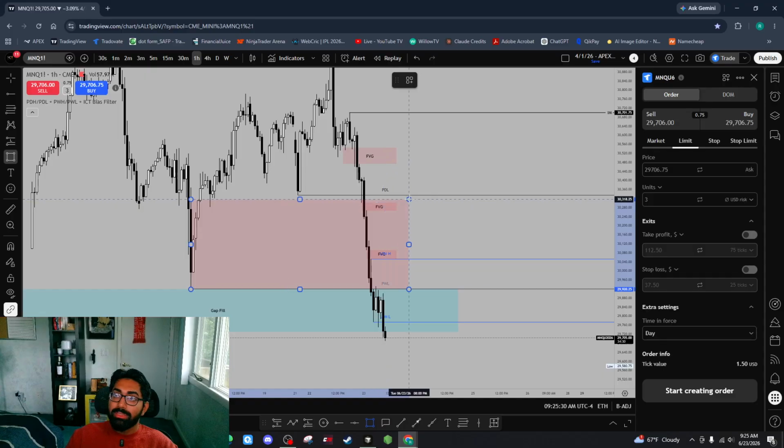So it'd be considered this entire candle, and this entire candle. Price could very well at this point pull back anywhere in this zone and then continue bearish. We also have somewhat of a breaker block right here where price could pull up to this fair value gap and then continue bearish.